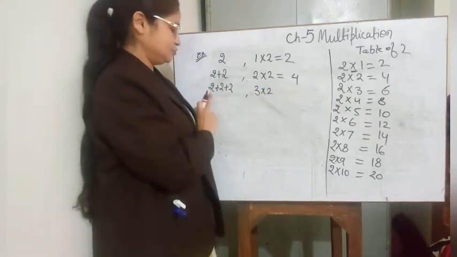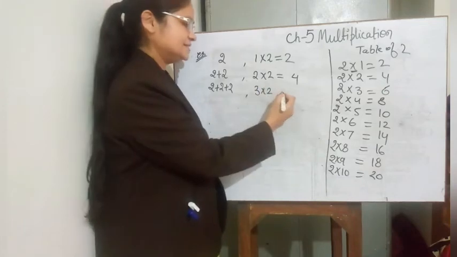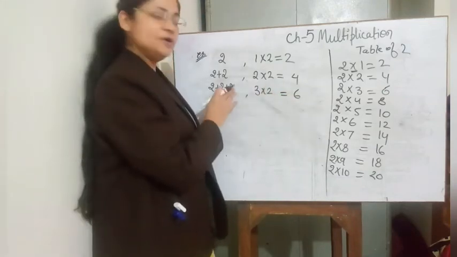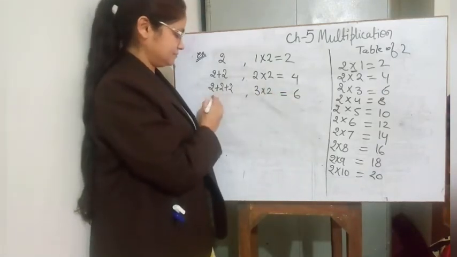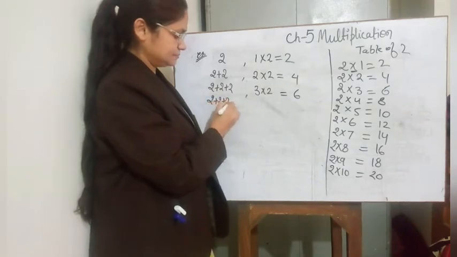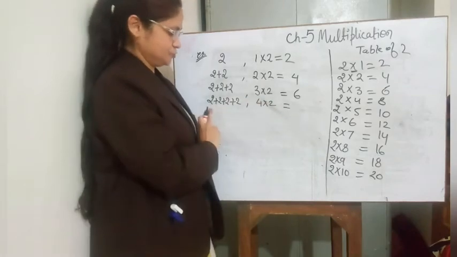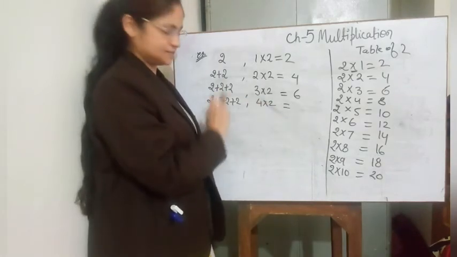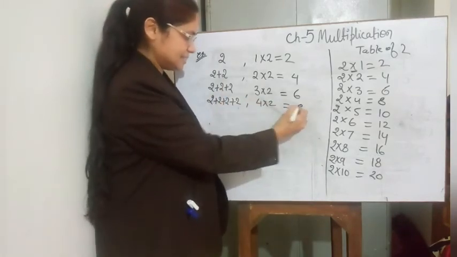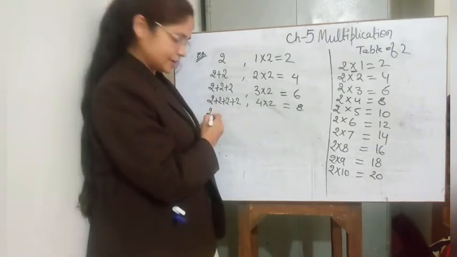Okay, now see here, 2 plus 2, 4, plus 2, 6. Now if I am adding this 2 four times, so 2 plus 2, 4, 4 plus 2, 6, 6 plus 2, 8. Now I am adding this 2 five times.